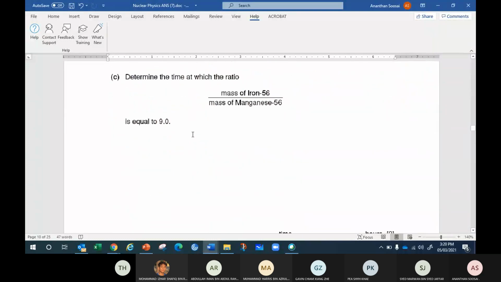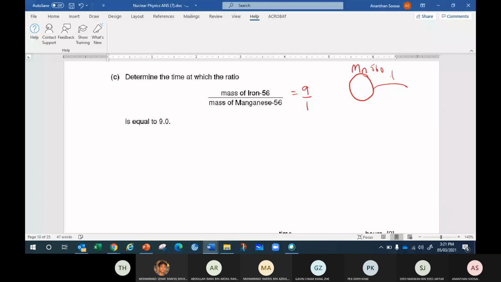Now we proceed further. Determine the time at which the ratio of iron-56 over manganese-56 is equal to 9. So that means 9 over 1, the ratio. Originally it was completely manganese.